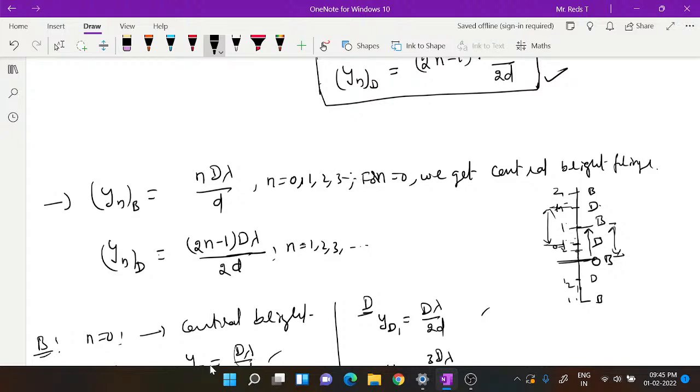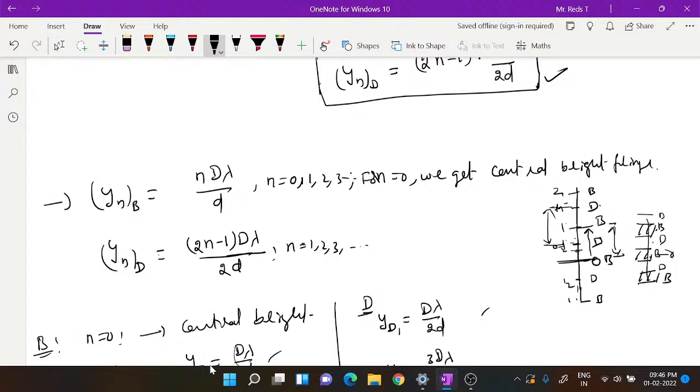These are not lines, they are bands. So you get a central bright band, then dark, then bright, then again dark.